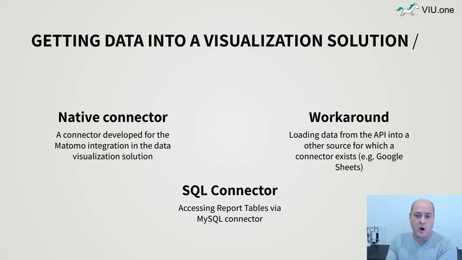We will take a look at a workaround with Google Sheets, where you can use the API. And we will take a look at the SQL connector. That's the one most solutions have.